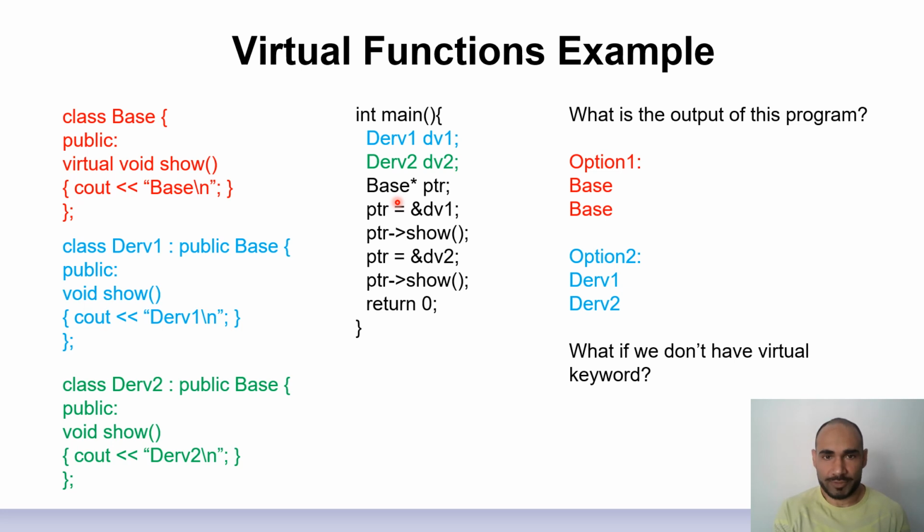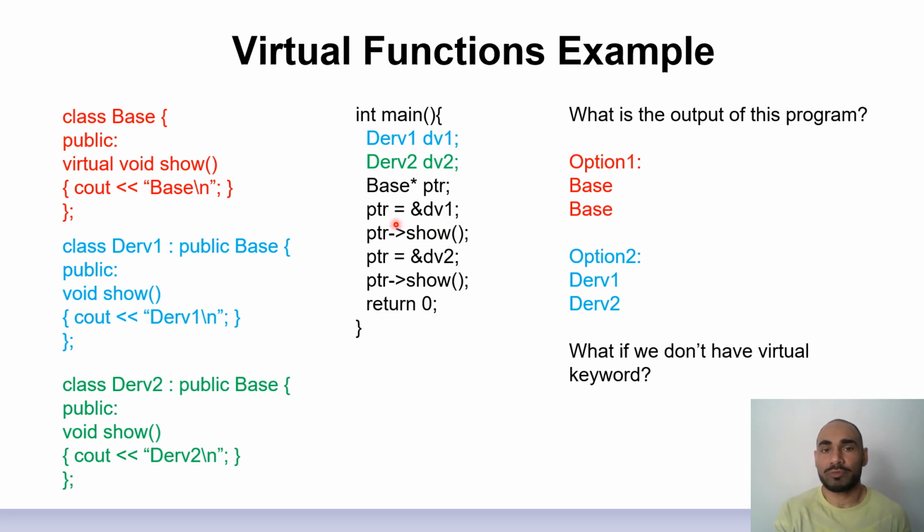Now let's see what happens. As you know, pointers hold addresses of other variables. In this case, this pointer will be assigned the address of this derived class. So how do we do that? We use the ampersand operator, and we say that ptr is equal to address of dv1. dv1 is the object here. This is a perfectly valid statement. You can do it in C++.